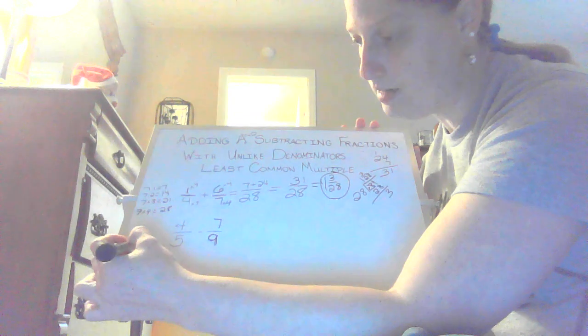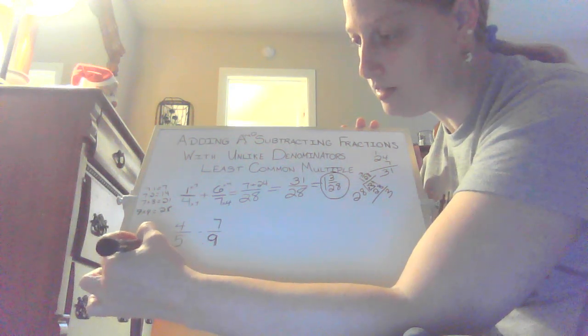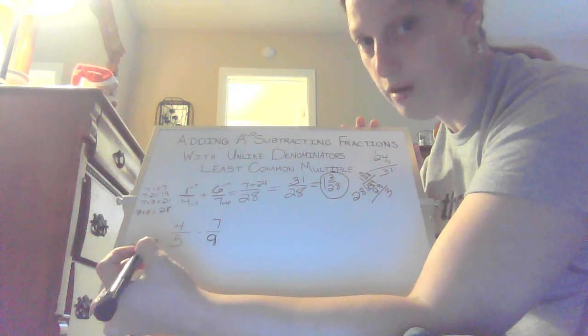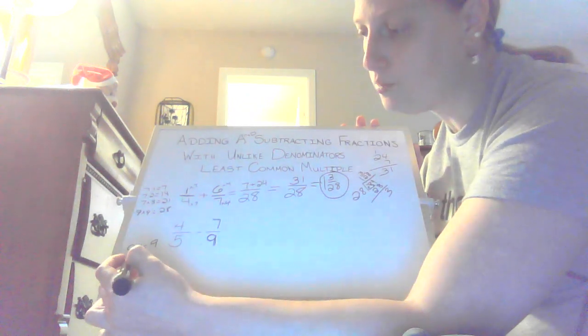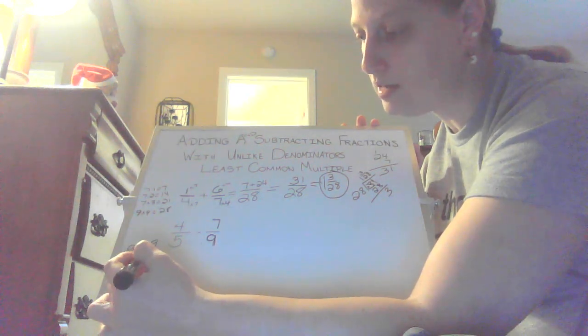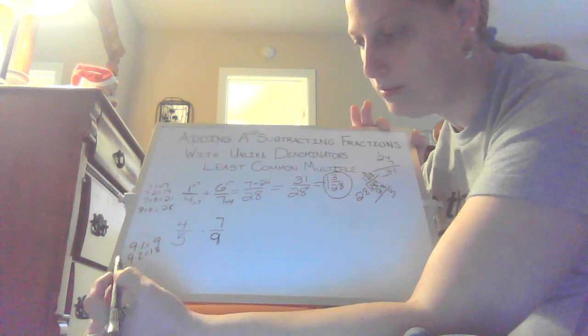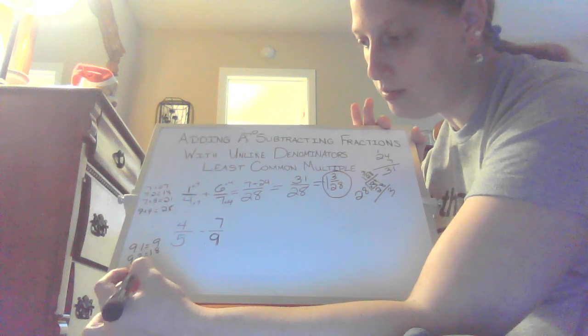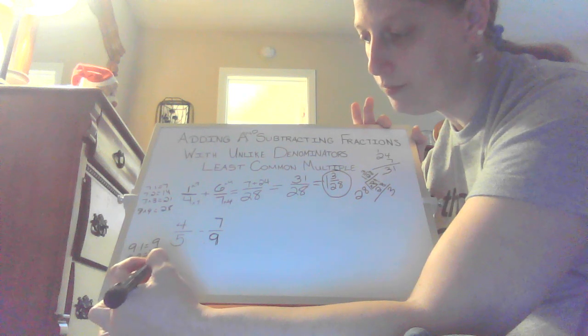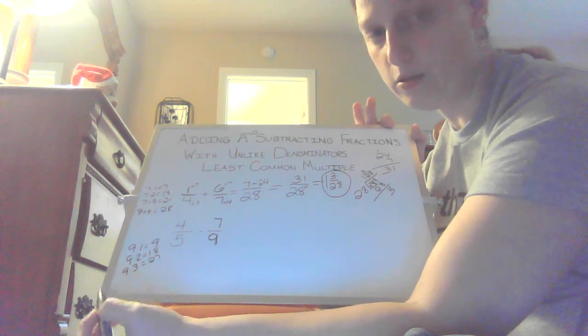So let's see, 9 times 1 is going to give us 9, which we know 5 cannot go into. So let's move on. 9 times 2 is 18, which again 5 cannot go into. So we'll keep moving. 9 times 3 is 27. No, but we're getting a little bit closer.